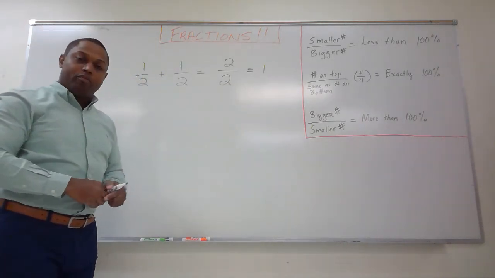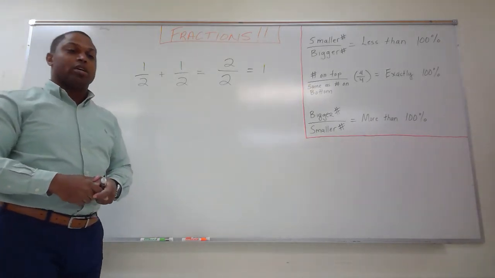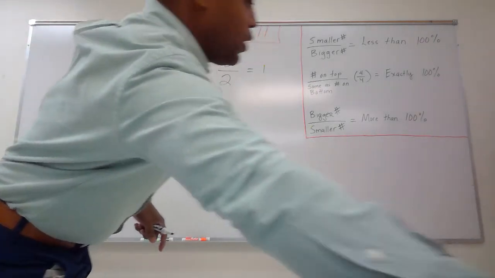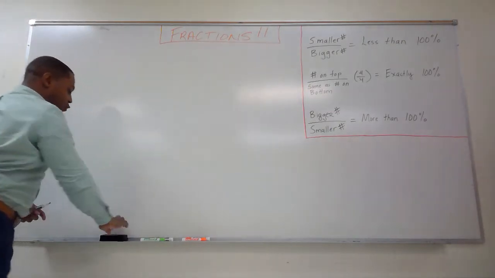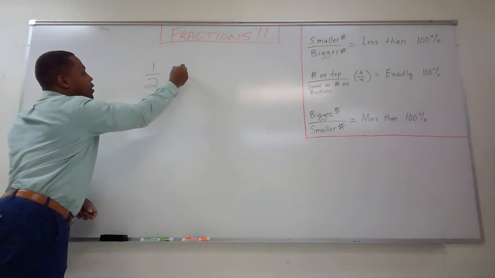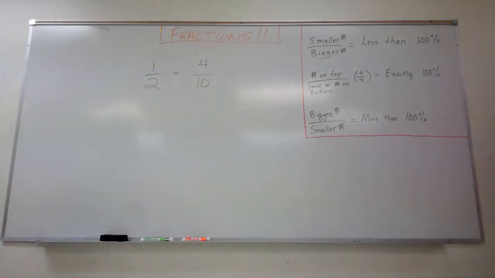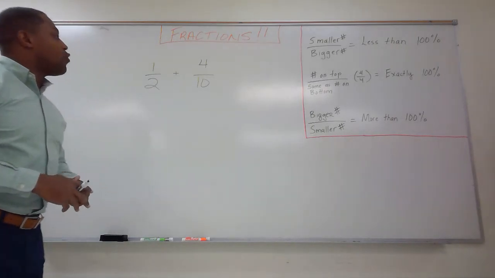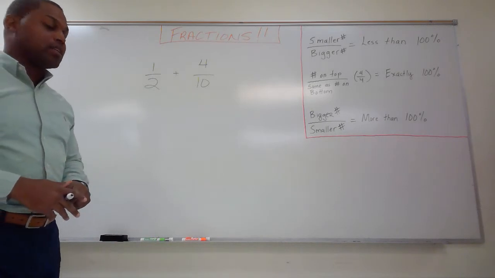Now, the denominators are not always the same in fractions, and when that happens, we need to get like denominators. So let's say we were adding 1/2 plus 4/10. In this case, we do not have the same denominator or bottom number, and so we need to get the same bottom number when we are adding and subtracting fractions.